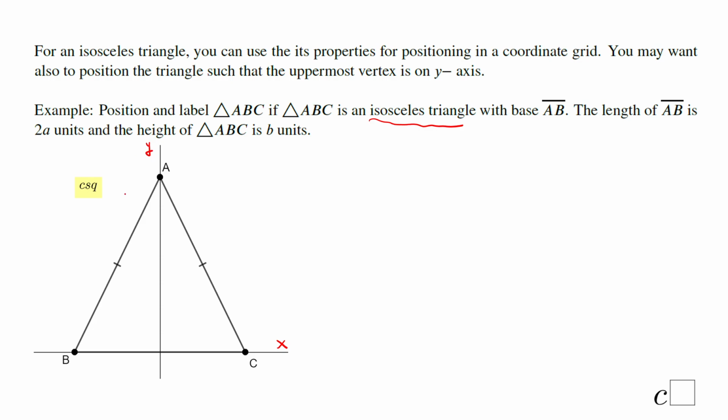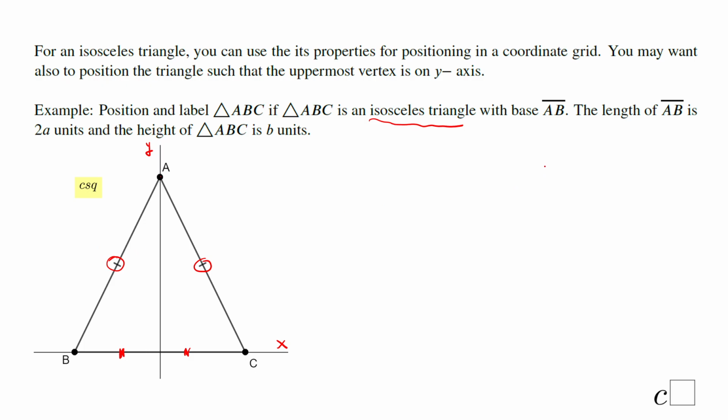Now you notice I use the fact, and by the way, you see here these 2 legs are congruent. This is the vertex, and I use the fact that this isosceles triangle has these 2 pieces congruent. The length of AB is 2A units.